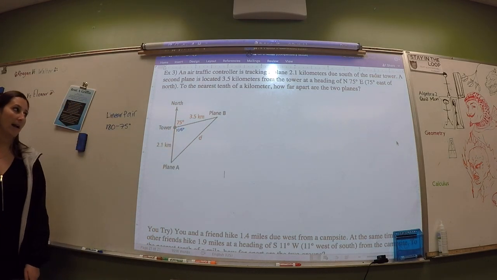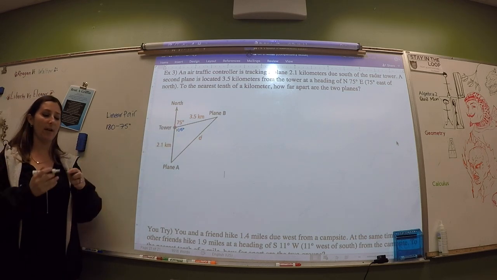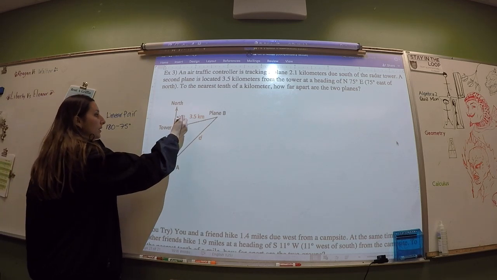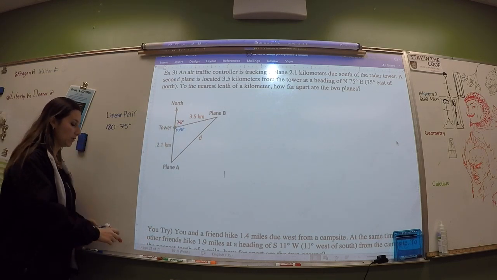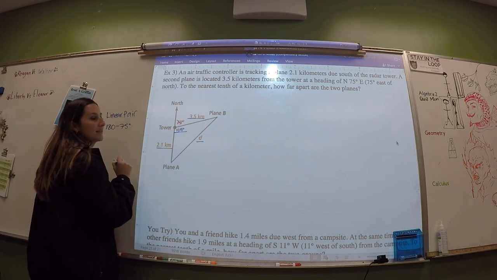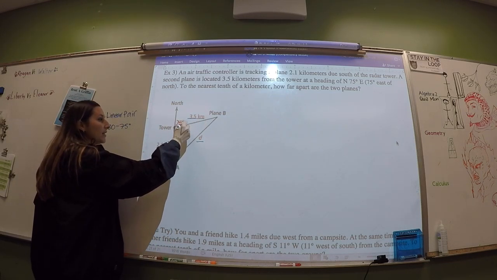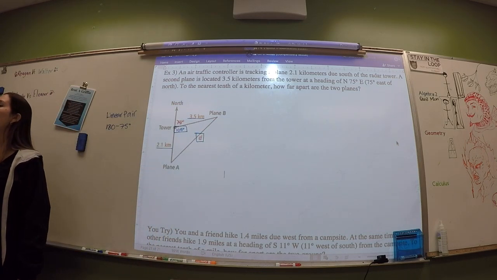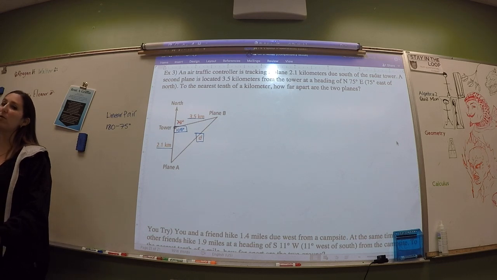Now I am going to ignore the 75 because the only reason it's there is to help you with the other angle. So we don't need this anymore. We're going to use this, this, this, and this. This angle is across from this side, so those two will start and end the setup of your law of cosines.